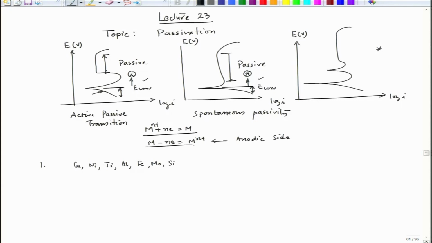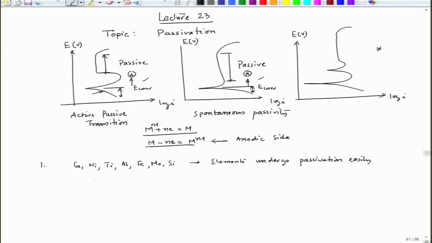These are the elements that provide passivation. And if these elements undergo passivation easily, then of course, since these elements are easy for passivation, if these elements are present in an alloy, that alloy is also susceptible, or ease of passivation in those alloys becomes easy.